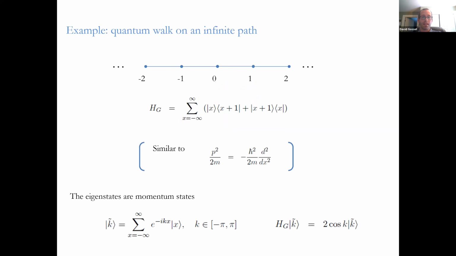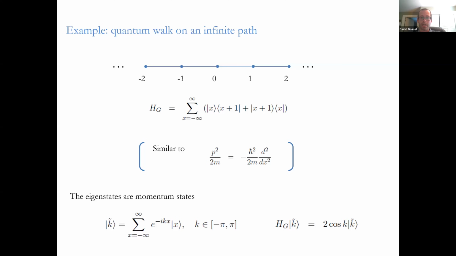Now, to give a motivating example for the types of quantum walks where scattering theory is relevant, we can consider a quantum walk on an infinite path. So let's take our graph to be a path with vertices labeled by the integers. So the Hamiltonian is just the adjacency matrix of that graph.